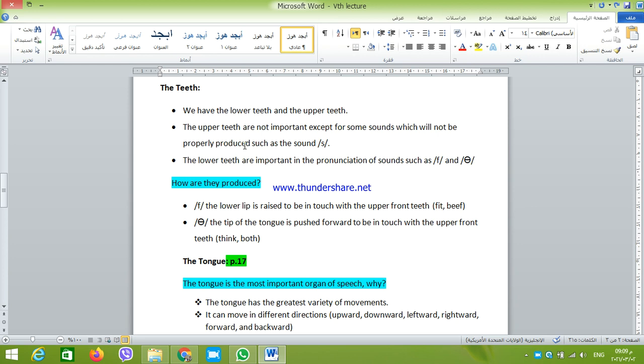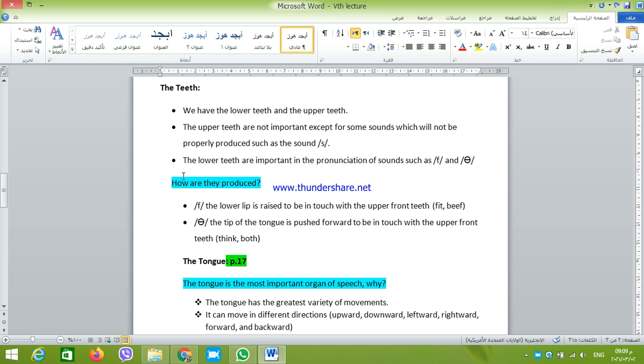So instead of saying sink, they say think, because s cannot be pronounced. City, thiti. Even in Arabic, we have the same thing. When some of the upper front teeth are missing, such a problem might happen.